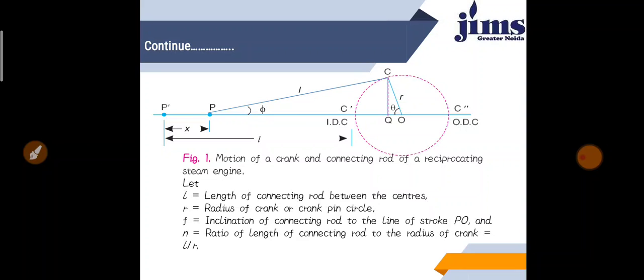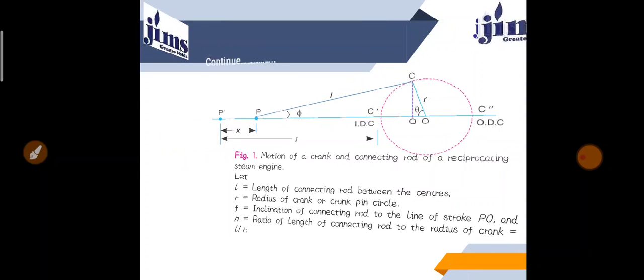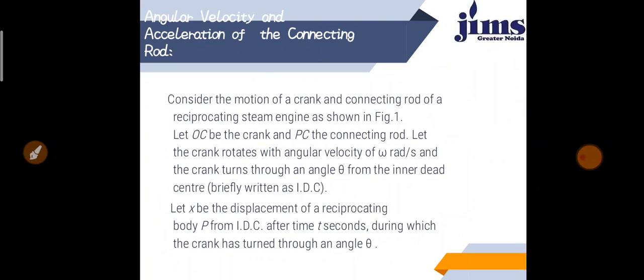Now we discuss the motion of a crank and connecting rod. OC is the crank and PC is the connecting rod, and the crank rotates with an angular velocity omega radian per second through an angle theta from the inner dead center. We already discussed this.